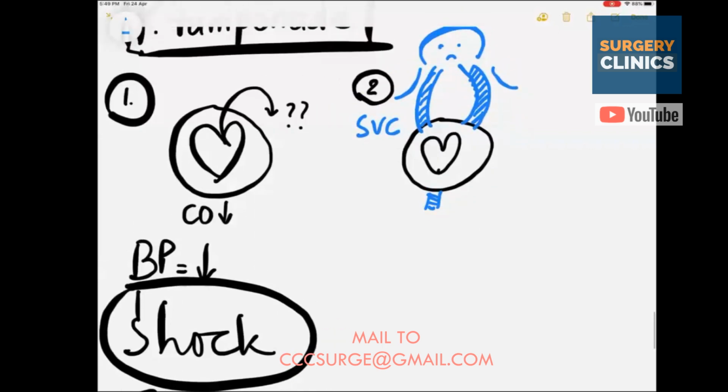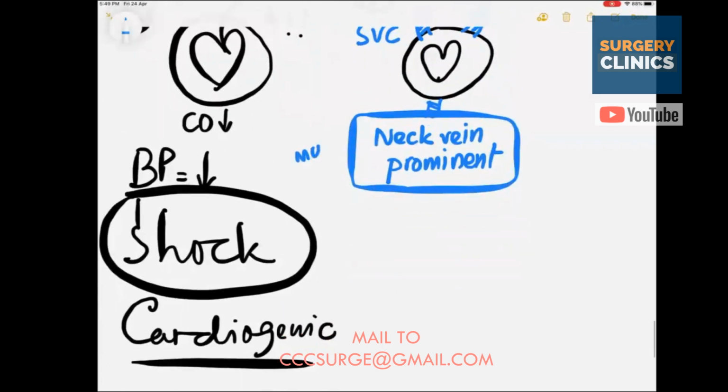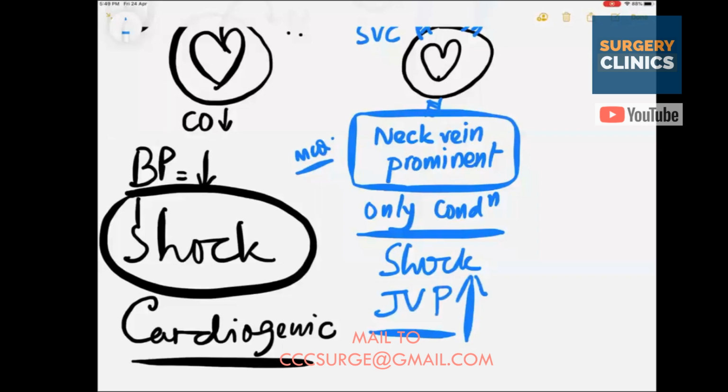So the neck veins become prominent, but the pressure is low. For an MCQ, kindly remember again this Bailey and Love stuff. This is the only type of shock in the whole human body where the jugular venous pressure is increased, or the neck veins are distended or prominent.